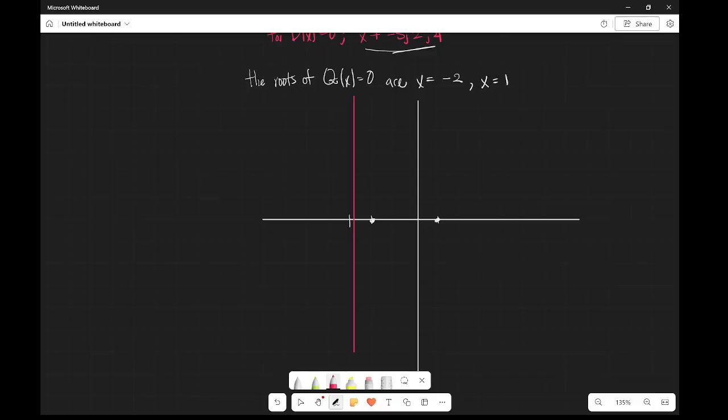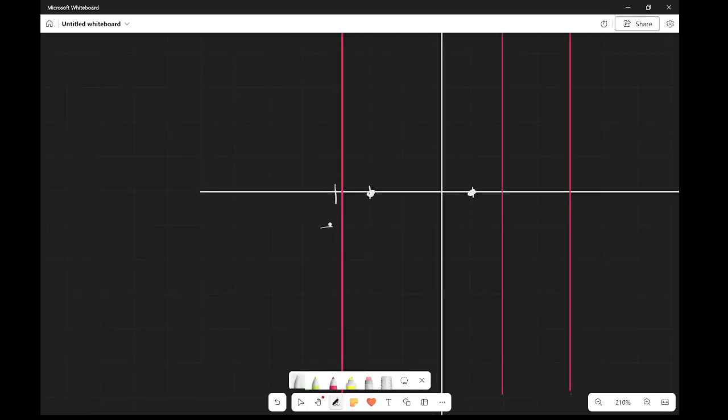Also 2 and 4 as well. We're going to have some problems at 2, and we'll have some problems at 4. So I'm just going to mark this. These might not necessarily be asymptotes, but I'm just marking their locations so I know what values to test. So here I have -3. Here I have 1 and -2.